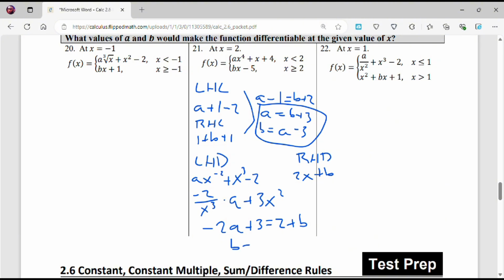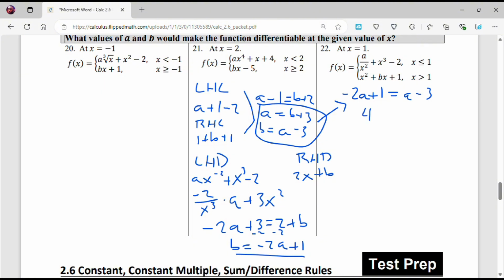So B equals negative 2A plus 1, right? Minus 2, minus 2. Okay. So B can be rewritten as negative 2A plus 1 and equals A minus 3. Move the constants to the left.